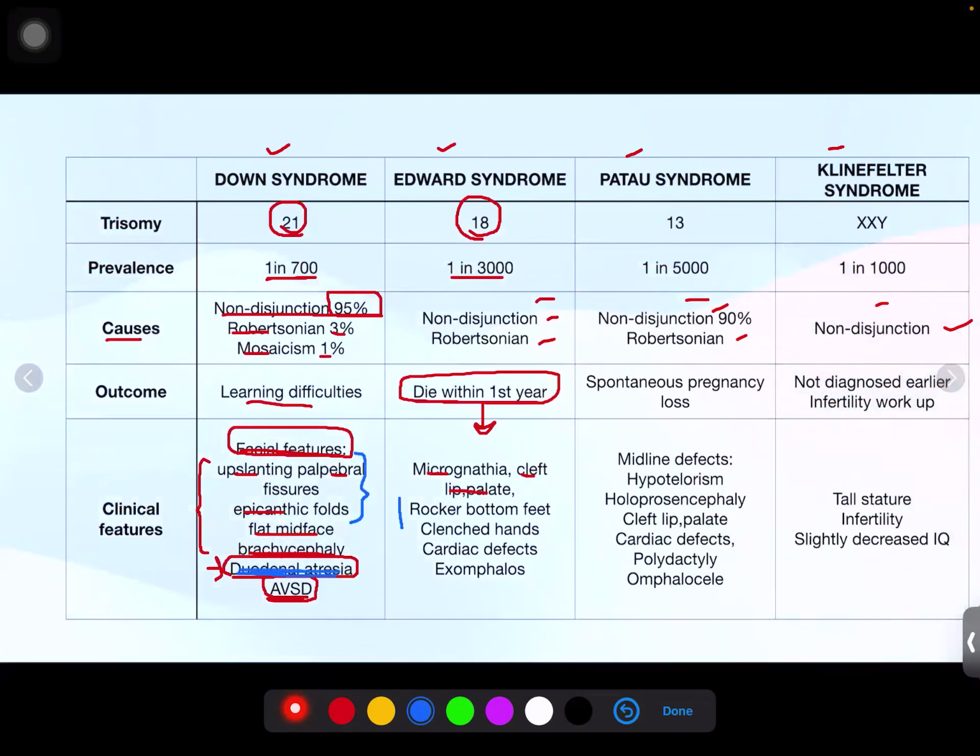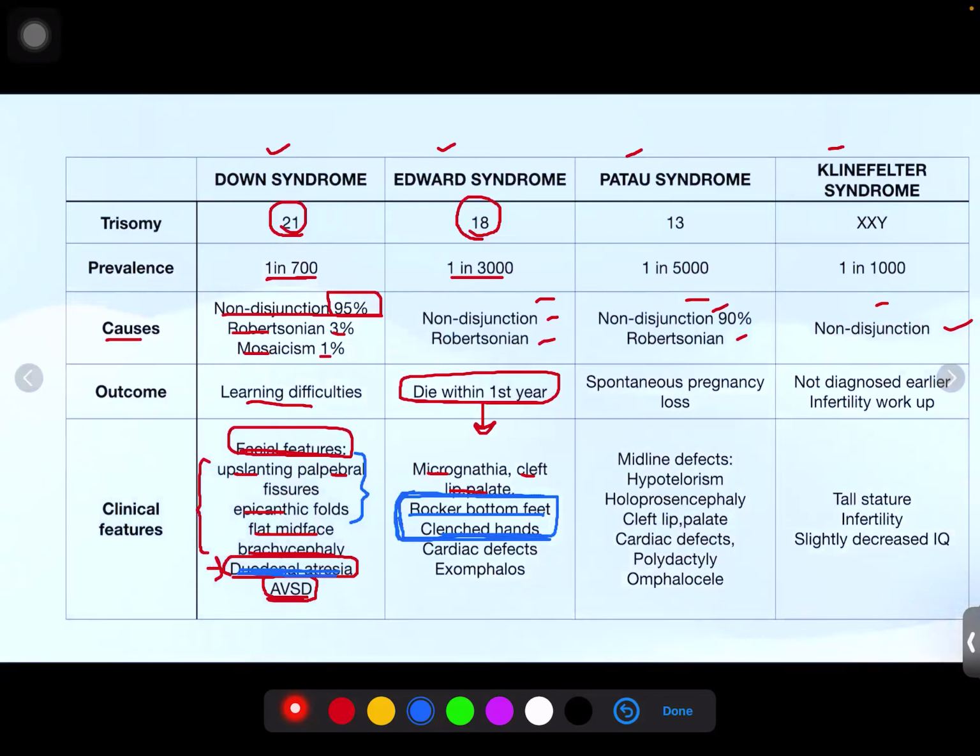But what is Edward? These two points: they will give you rocker bottom feet and clenched hands. These two are very important. If any MCQ has rocker bottom feet, you have to go for Edward syndrome.